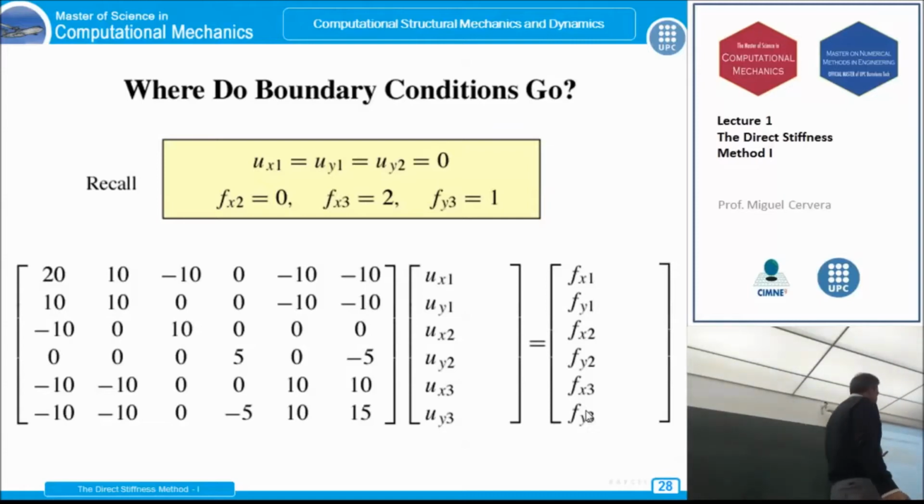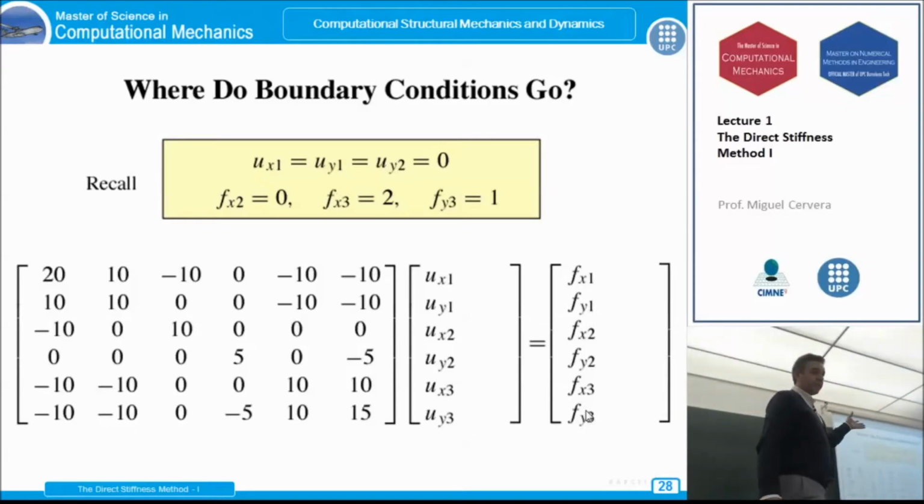So it's singular. Look at this one. 20, 10, minus 10, cancel out. Minus 10, minus 10, 20. Cancels out. Okay? So every single row and every single column, because it's symmetric, cancels out. So it's singular.